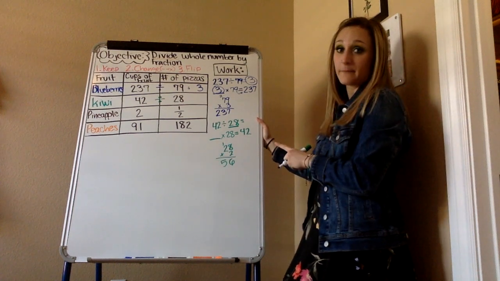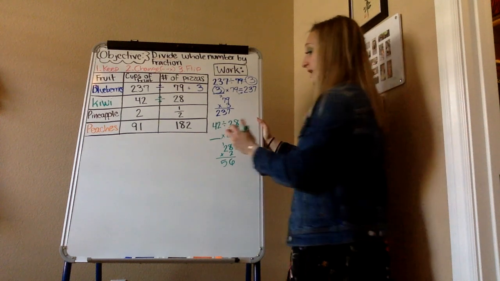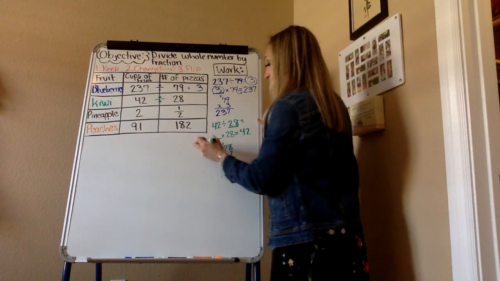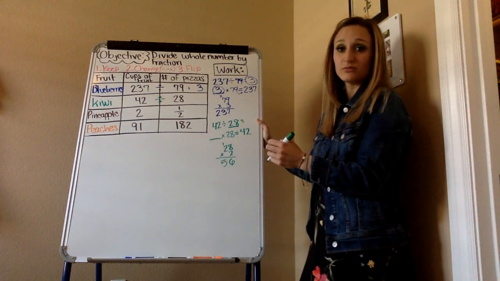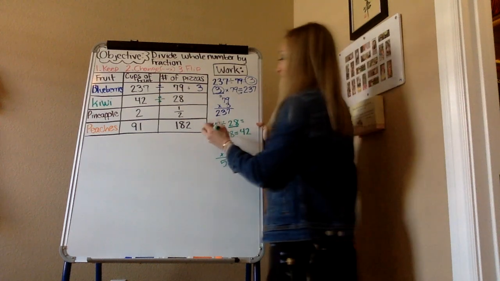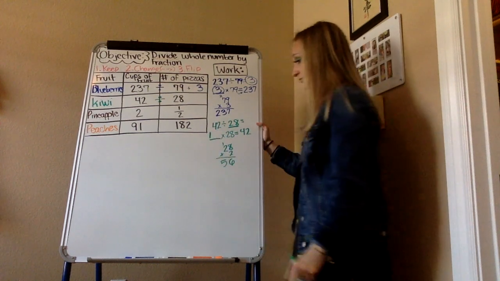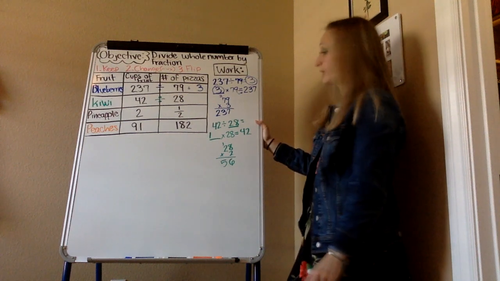That's too high. So what this is telling me is my answer here needs to be between 1 and 2. So it can't be 2 because it's too high. So I know it has to be 1. I'm going to need a fraction of a cup.